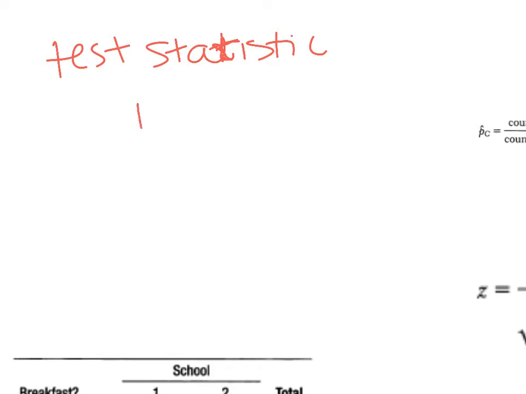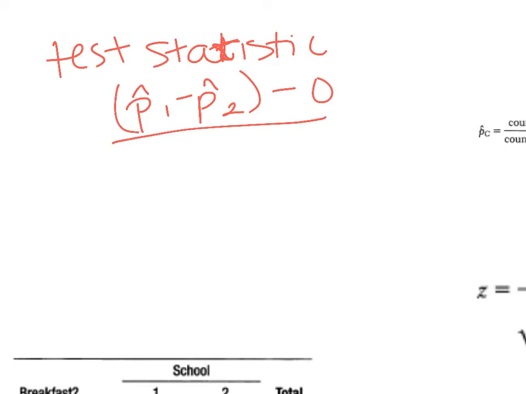So our statistic in this case is our sample proportion differences minus the parameter, okay, which is that there is no difference here, over the standard deviation of our statistic. Right, the standard deviation of the stat. And that would equal our test statistic for this particular example.